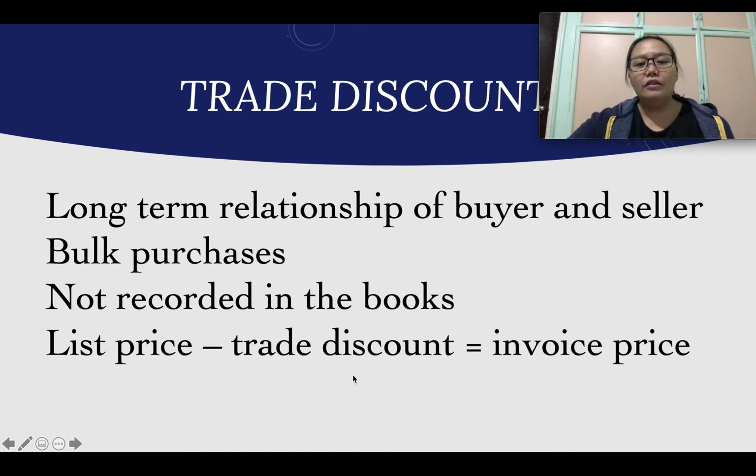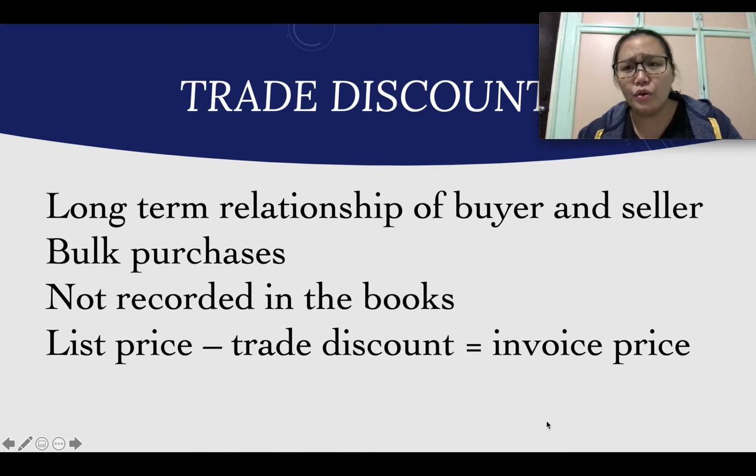You have to deduct the trade discounts of 10% and 20% respectively to be able to arrive at the invoice price. Since we do not record the trade discount in the books, the invoice price is the one we record as our purchases or our sales.